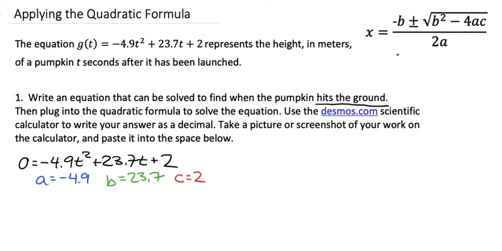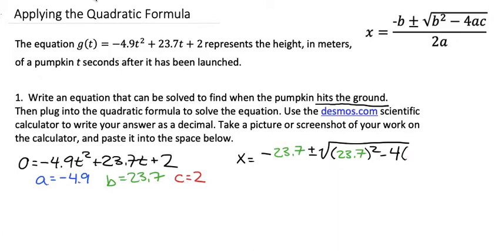So my quadratic formula is up here, x equals, so I'm going to have negative b, so negative 23.7, and then plus or minus the square root of, and then b squared is going to be 23.7 squared, minus 4 times a times c.